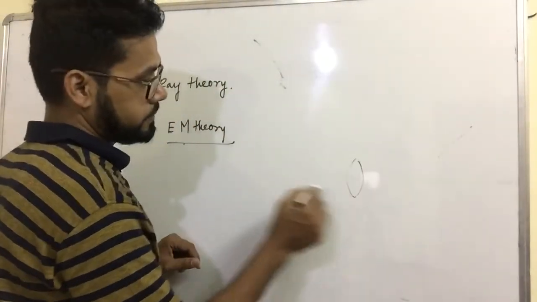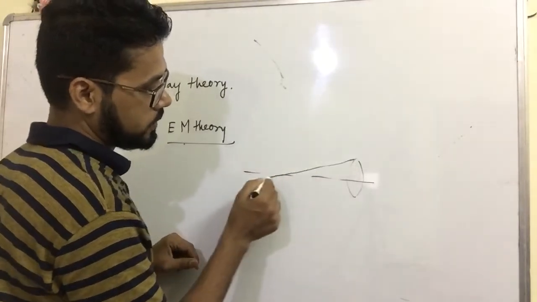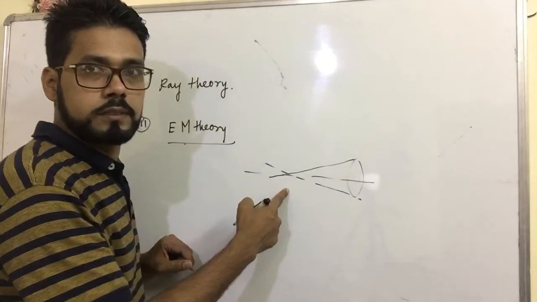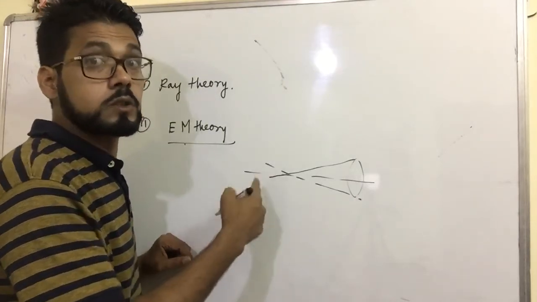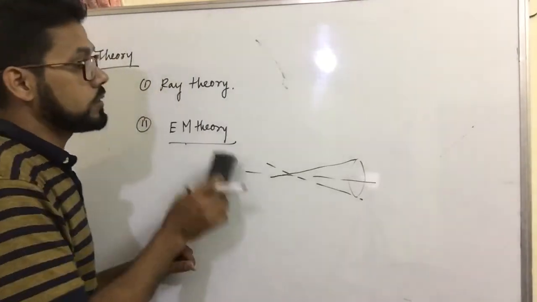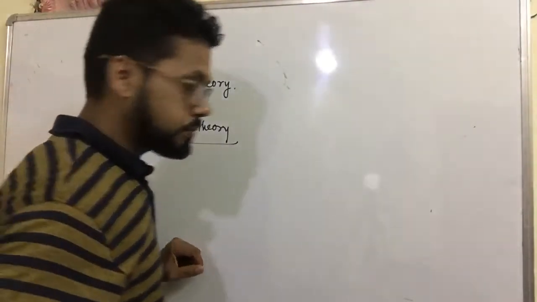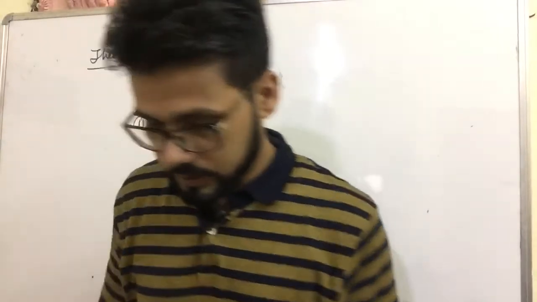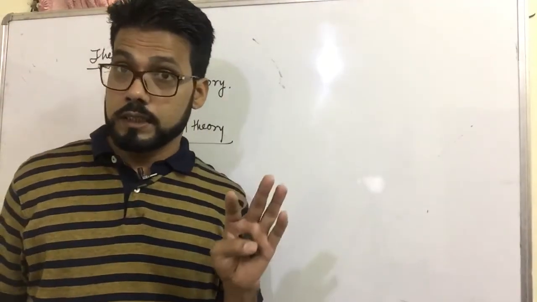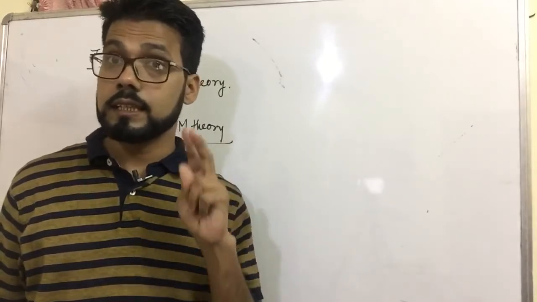This is the focus here. This type of diagram we have studied in ACES. This is known as geometrical optics. This is not wave optics. And this is ray theory. So, in order to understand optical communication, we have to understand two theories.